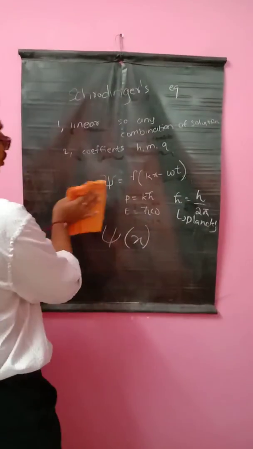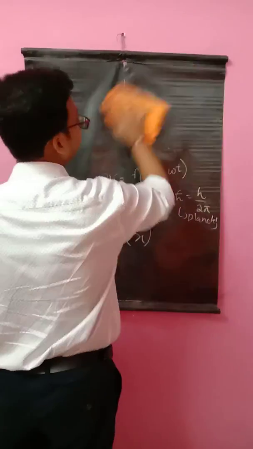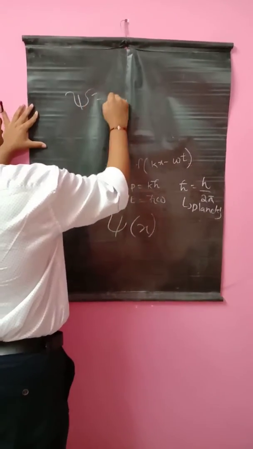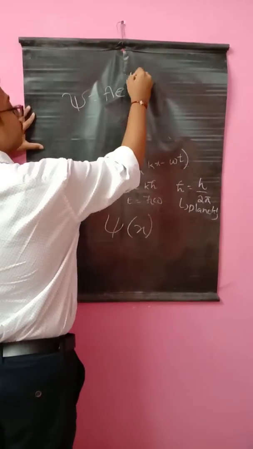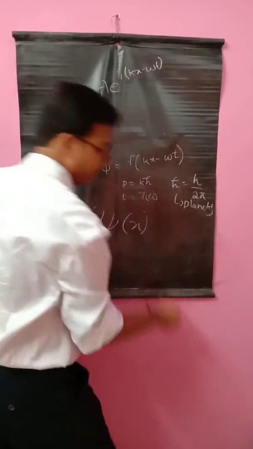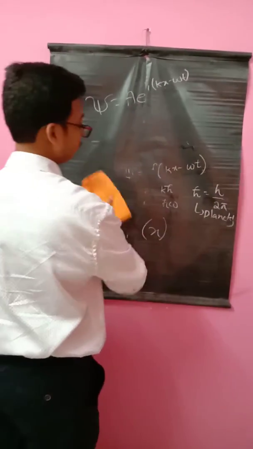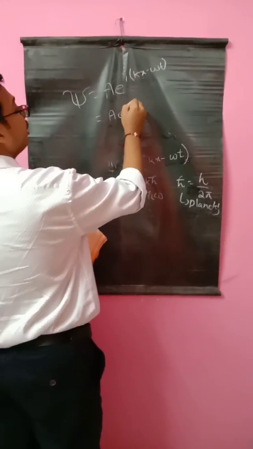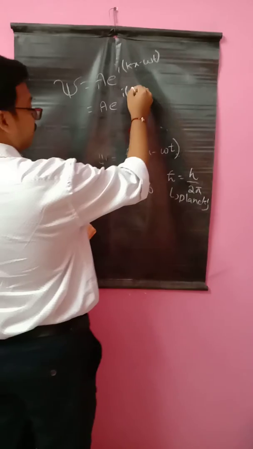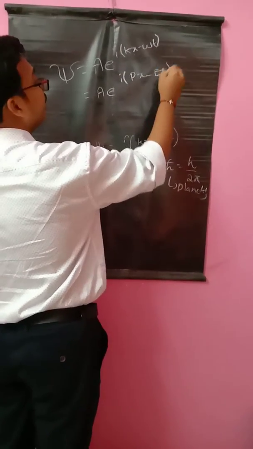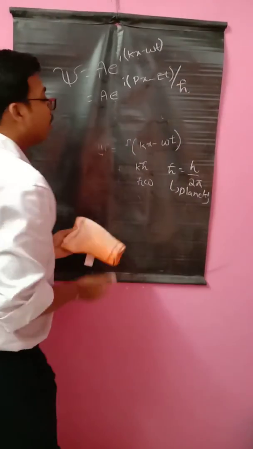Now psi is a function of x, so we write it as psi is equal to A e power i into (kx minus omega t), which is A e power i into (px minus Et) by h bar. This is the equation.